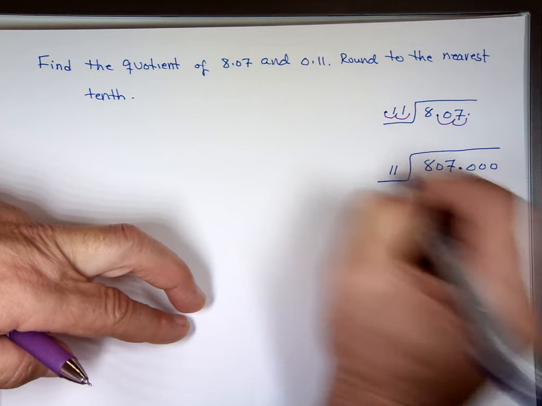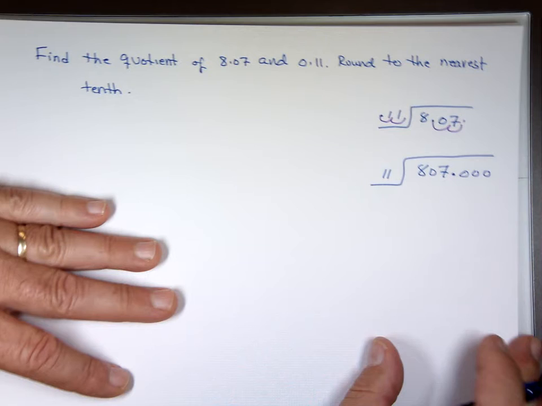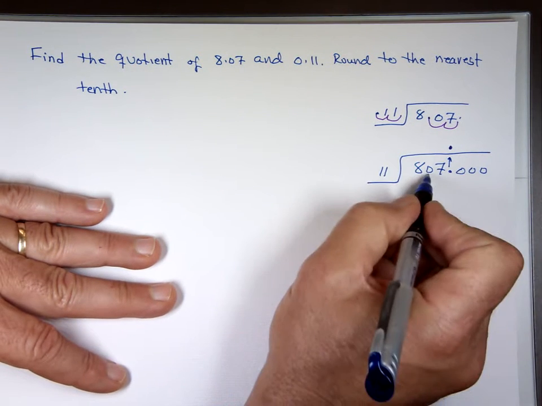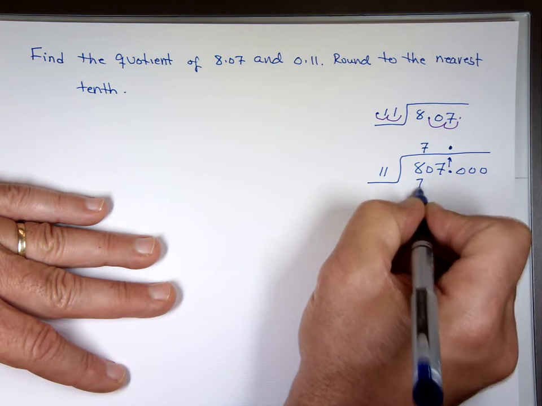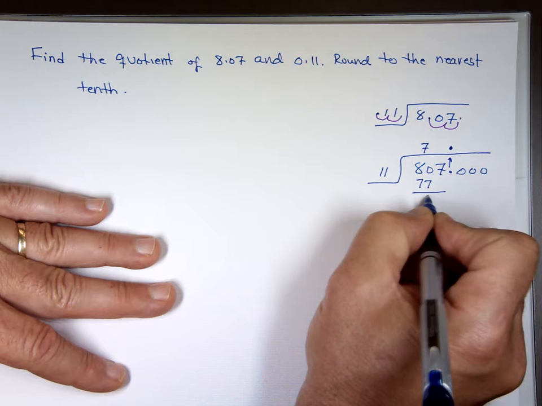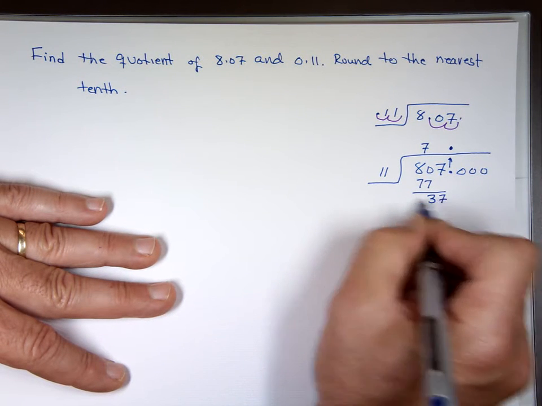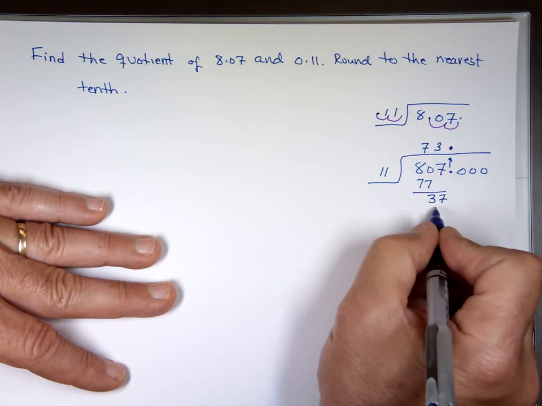Divide by 11. Bring that number up there. 80 by 11. 7. 7 times 11, 77. 37 divided by 11. 3. 3 times 11, 33.